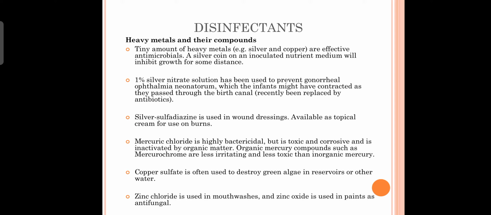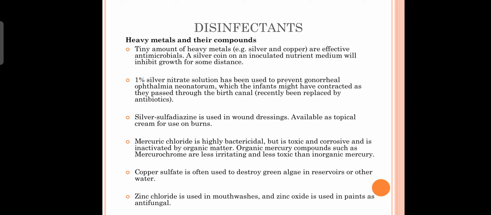Copper sulfate is often used to destroy green algae in reservoirs or other water. You have seen, if you keep water for a long time, there will be a greenish color on the wall. For that we can use copper sulfate. For burn areas we can use silver sulfadiazine.